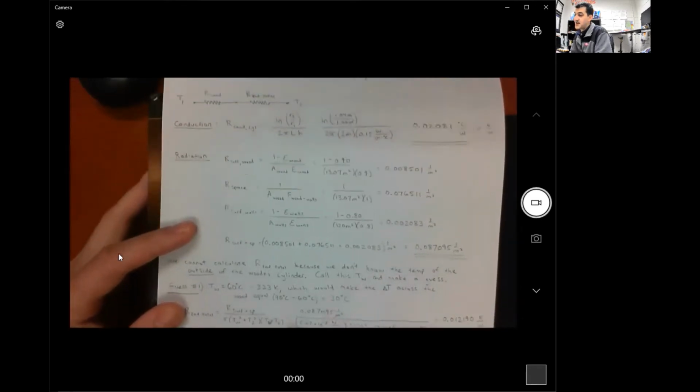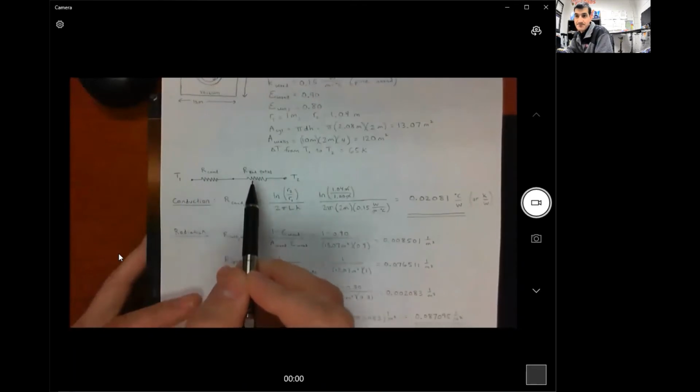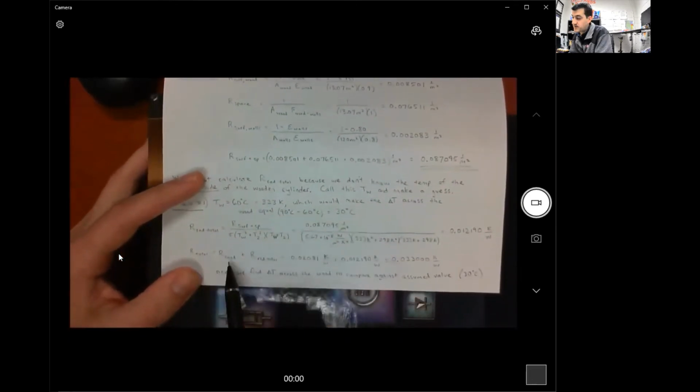Now I have an assumption for what this value is, so I can find my total thermal resistance by adding the conduction thermal resistance to it. That's what I'm doing down here in the next step. Our R total for this problem equals the conduction thermal resistance plus R rad total.